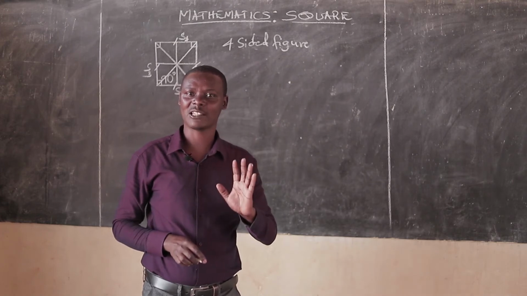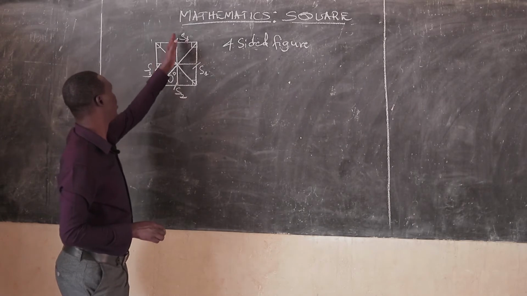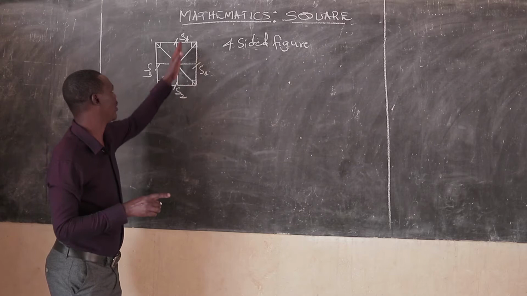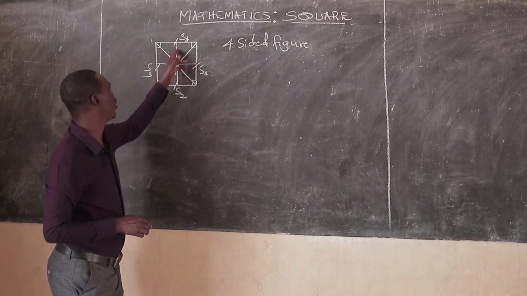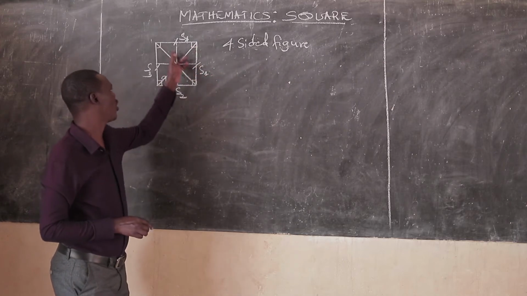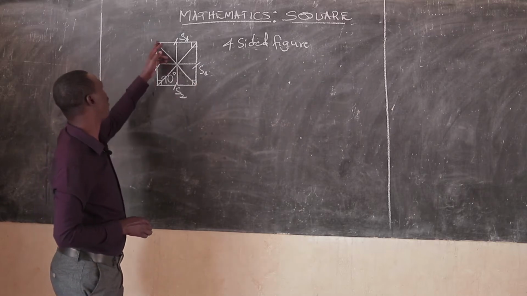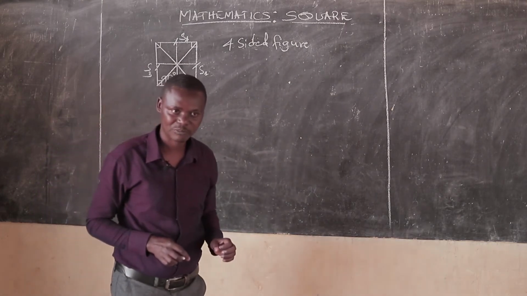Those are the properties of a square: four equal sides, two equal medians, two equal diagonals, and four equal right angles.